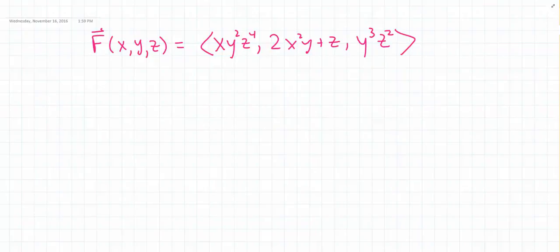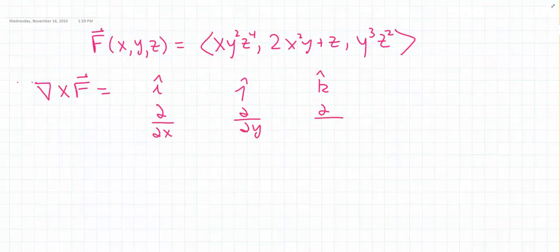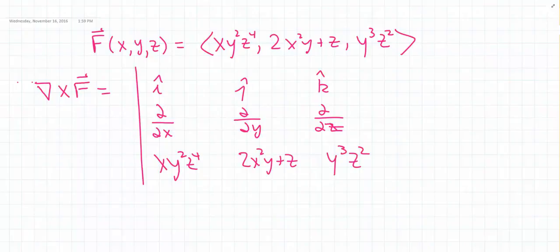Remember, we're going to use a cross product, so this is going to be i, j, and k. And now I do my differential operator. This is how we would set it up start to finish. The reason I'm doing this example is to be sure we know how to use this differential operator. So we have xy squared z to the fourth, 2x squared y plus z, and y cubed z squared.